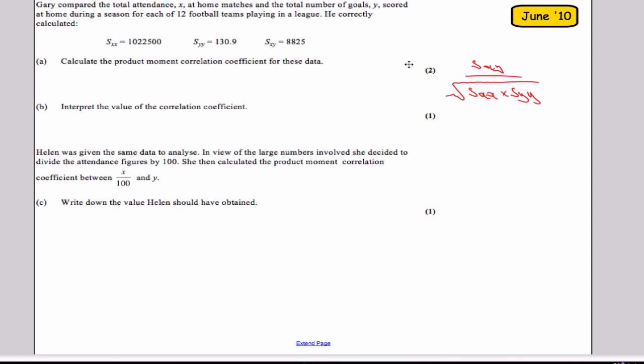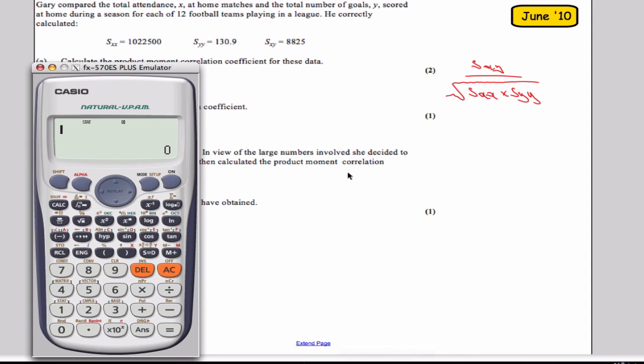For 2 marks, we start by putting in the values in the correct place: 8825 all over the square root of 1022500 times 130.9, and that's the PMCC, or sometimes called R.